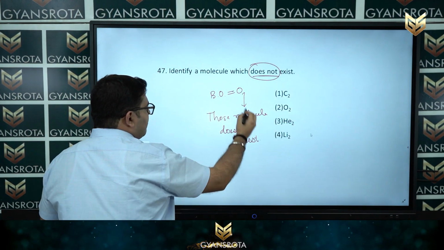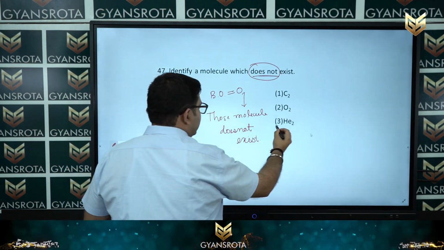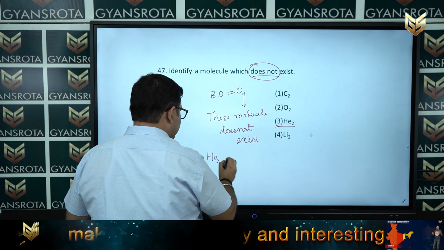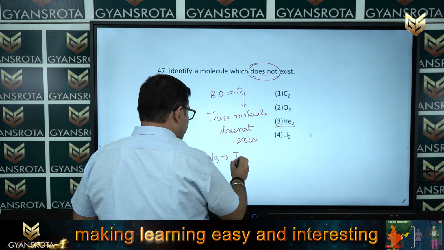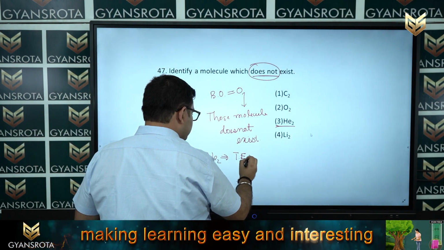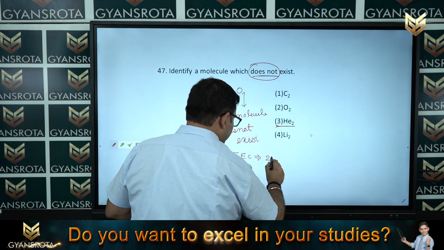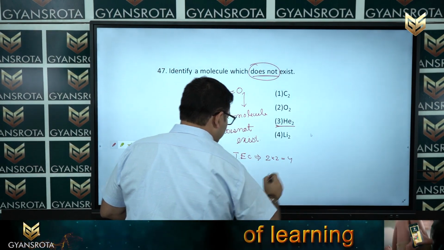Now, if you see among the options, helium. Now, for He2, if I am doing the total electron count, it will be 2 into 2, that is 4.